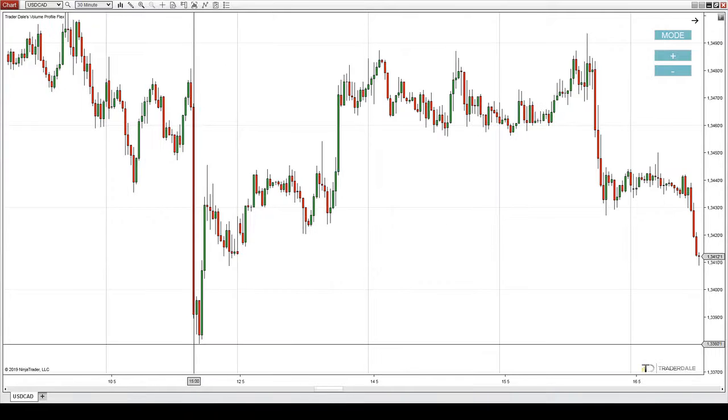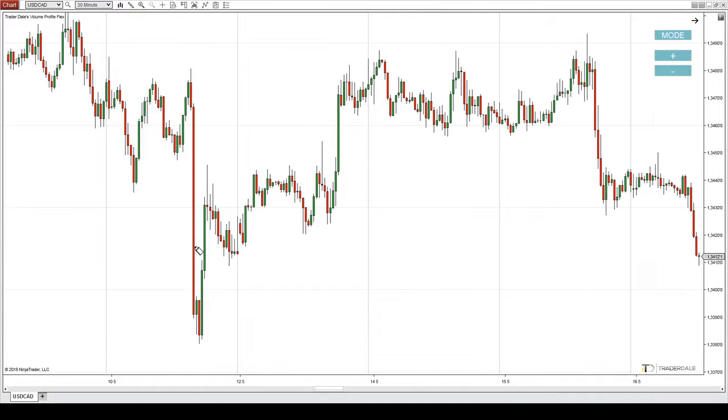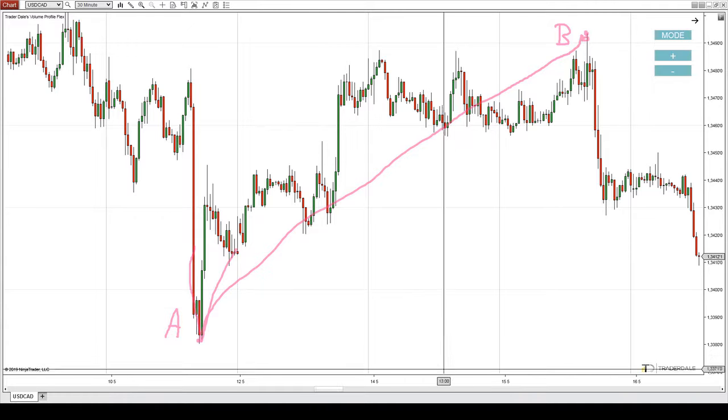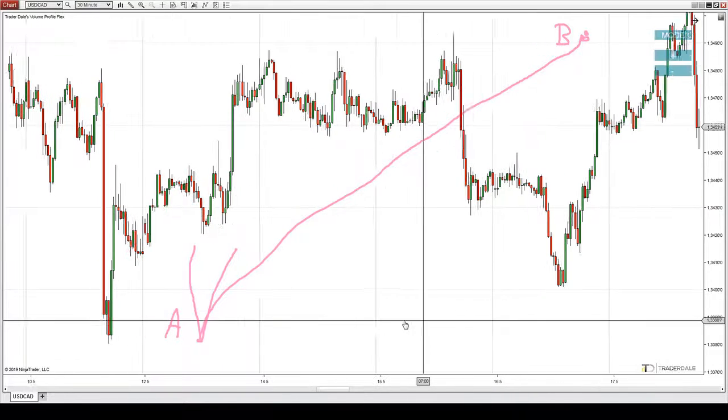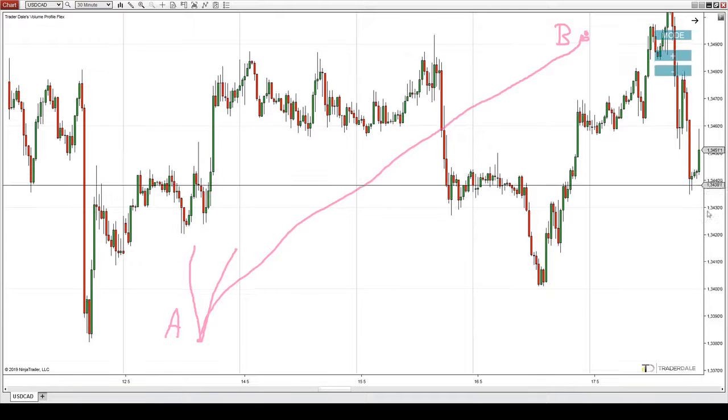Now let's have a look at the last one on this pair. This is significant swing point. This will be point A. Then this one would be point B, because it's the highest of all those swing points, alright? So there would be A, there to B. I need to move the chart a bit like this.